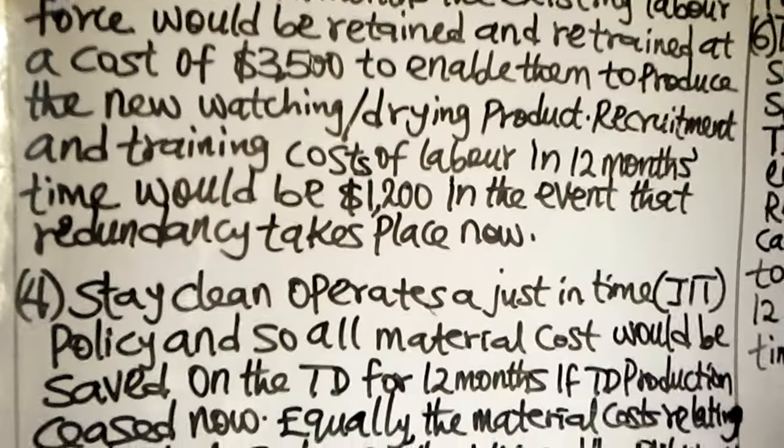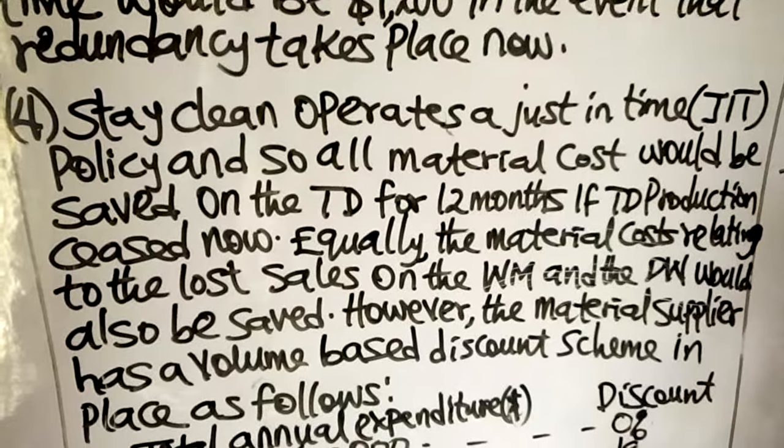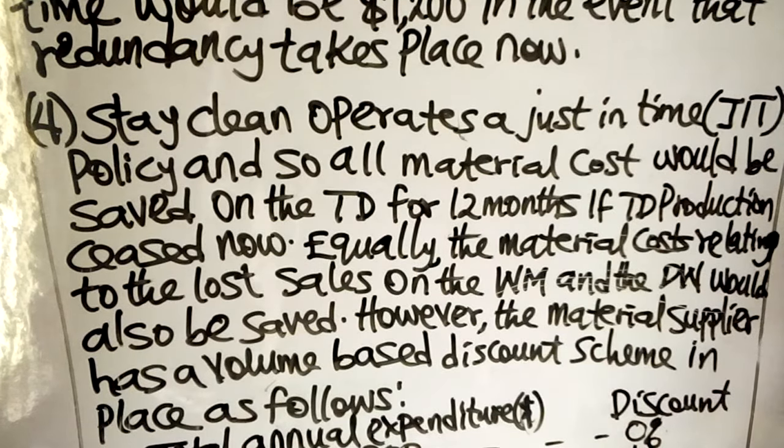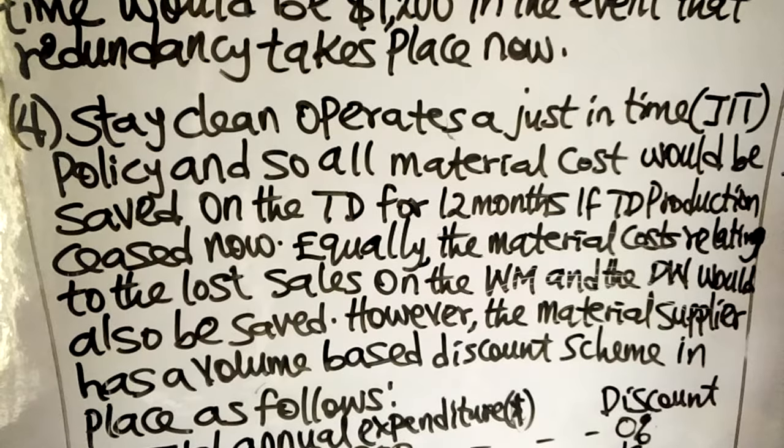4. Stay Clean operates a just-in-time JIT policy, and also all material costs will be saved on the TD for 12 months if TD production ceased now.